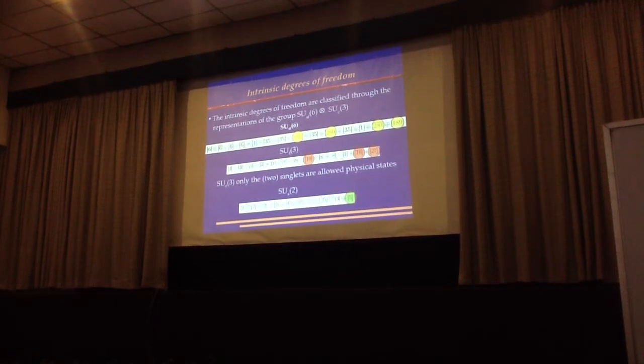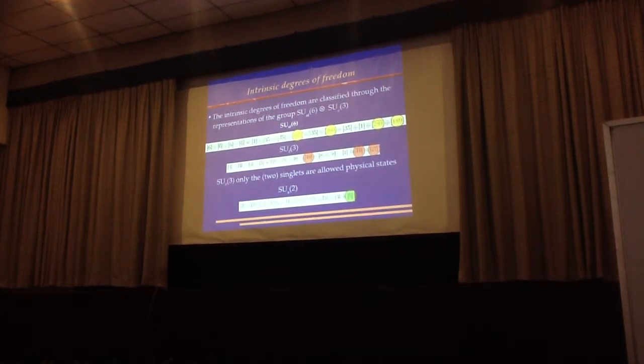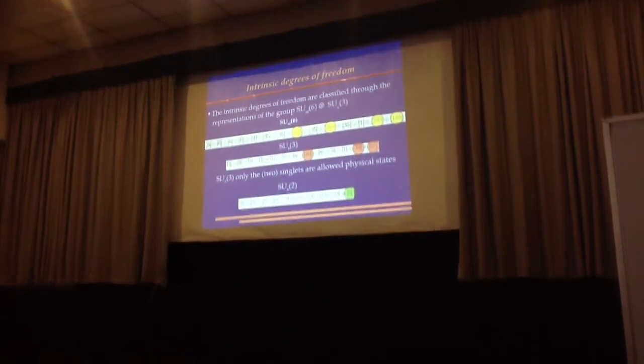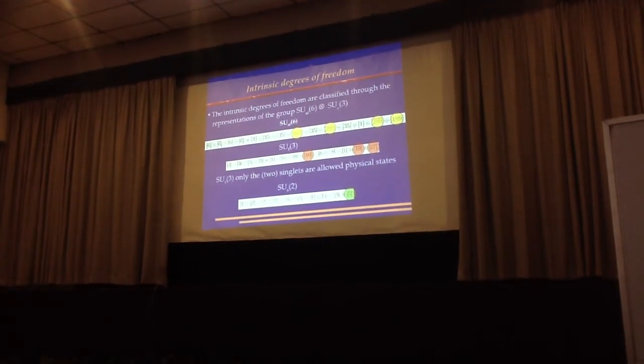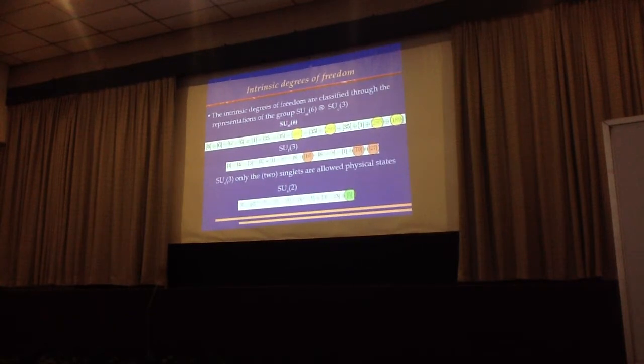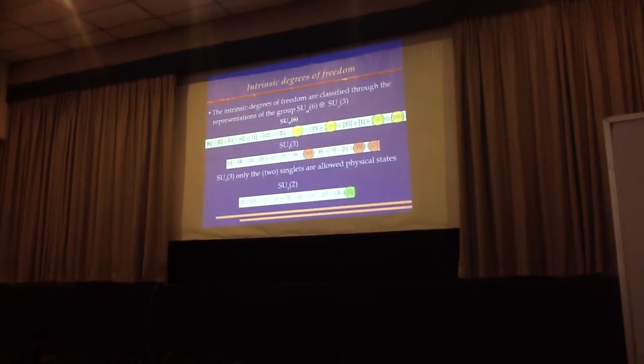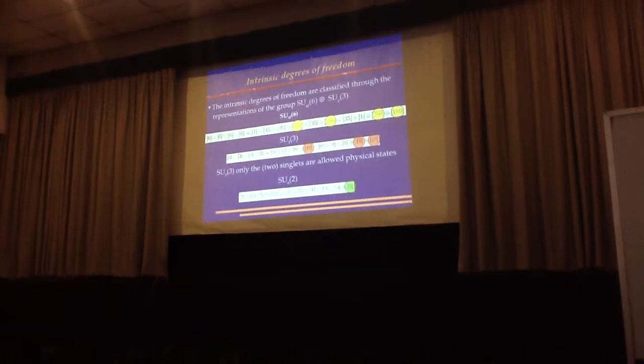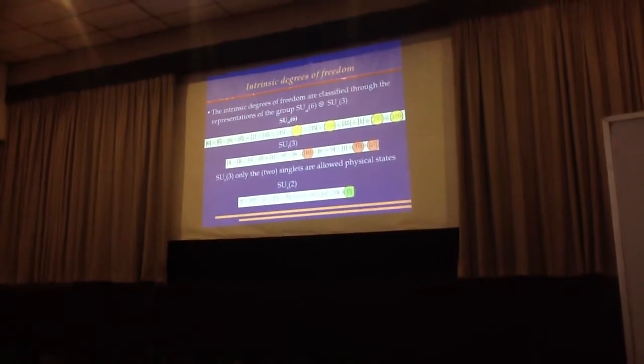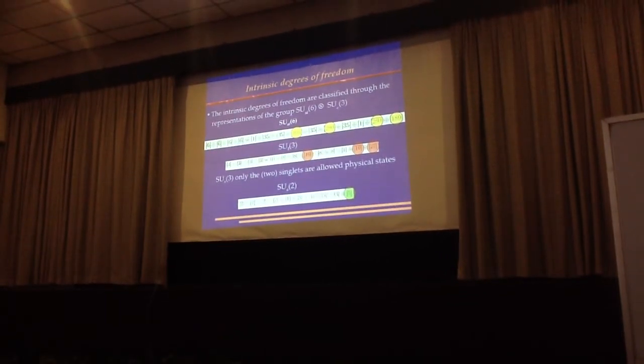Then we can see the SU3 of flavor, the possible representations, and we can see that the tetraquark can be not only in singlet or octet like the normal mesons, but also in decuplet, antidecuplet, and in the representation of dimension 27.